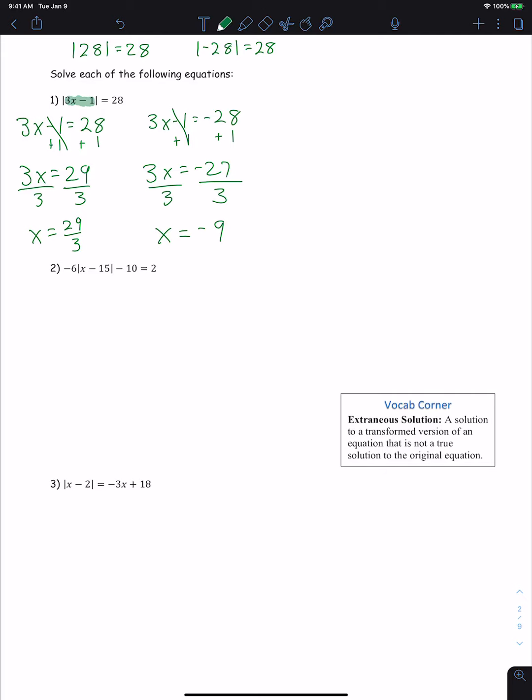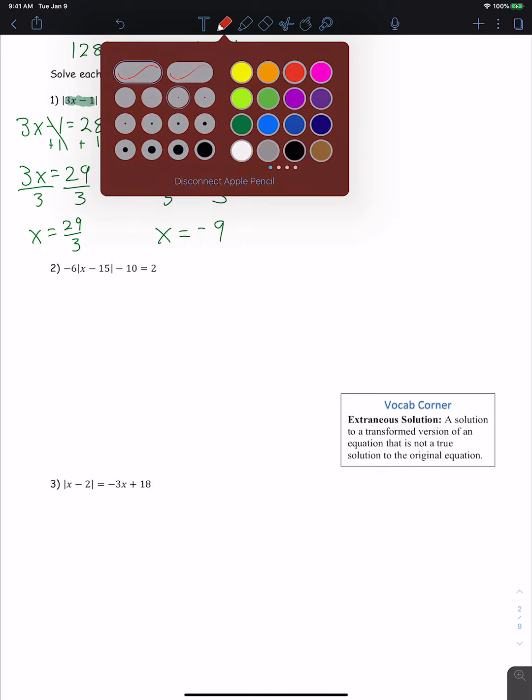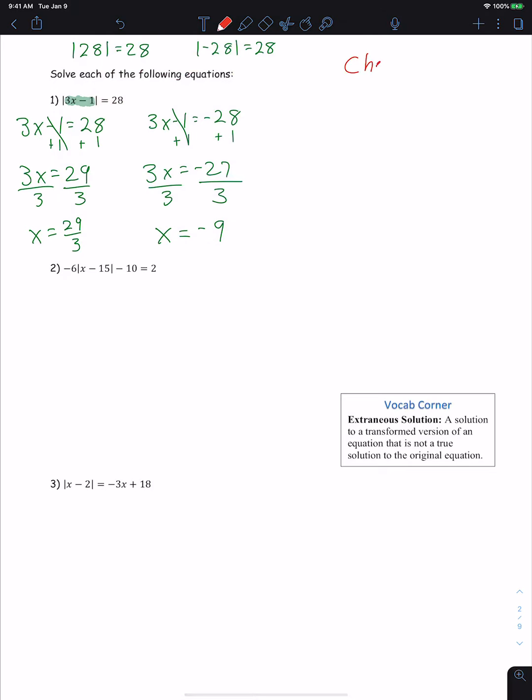Now, before you go circling those answers, let's check just to make sure we're correct. So I'm going to come over here and write check. What we're going to do is plug in each of our answers separately for x to make sure we get 28. So I'm going to check the first one.